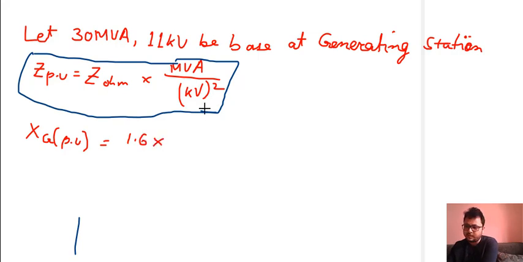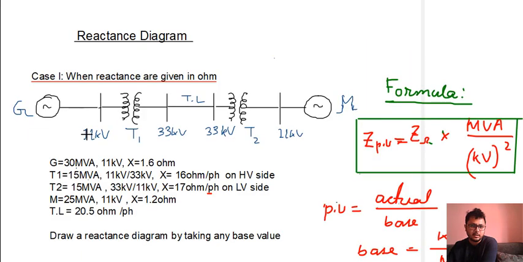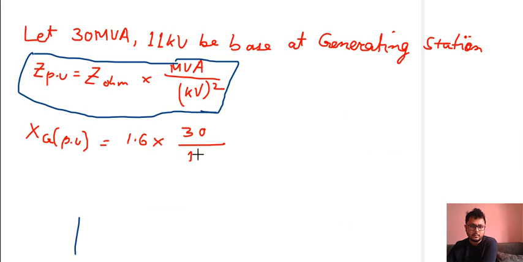And how much have we assumed as the base value? MVA is 30, and kV: the generator is connected to 11, so 11 square. If you multiply, you will get 0.396 pu. So this is the reactance of the generator.